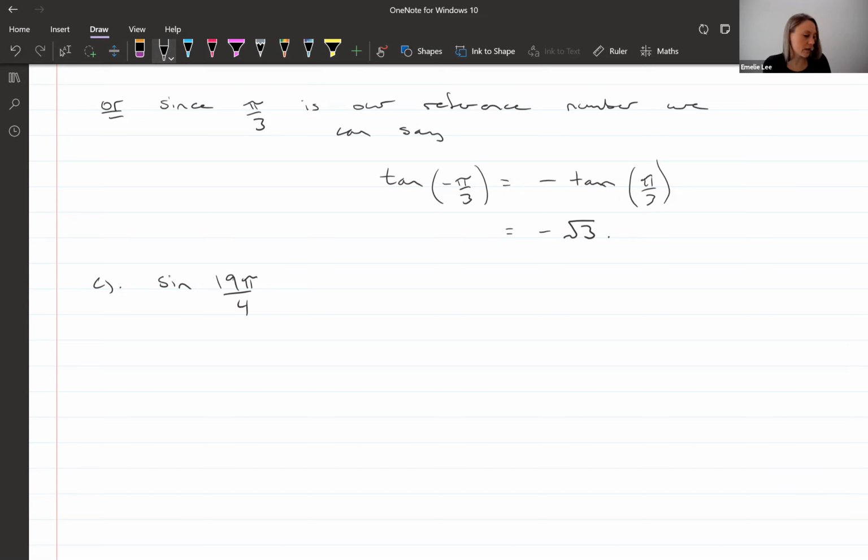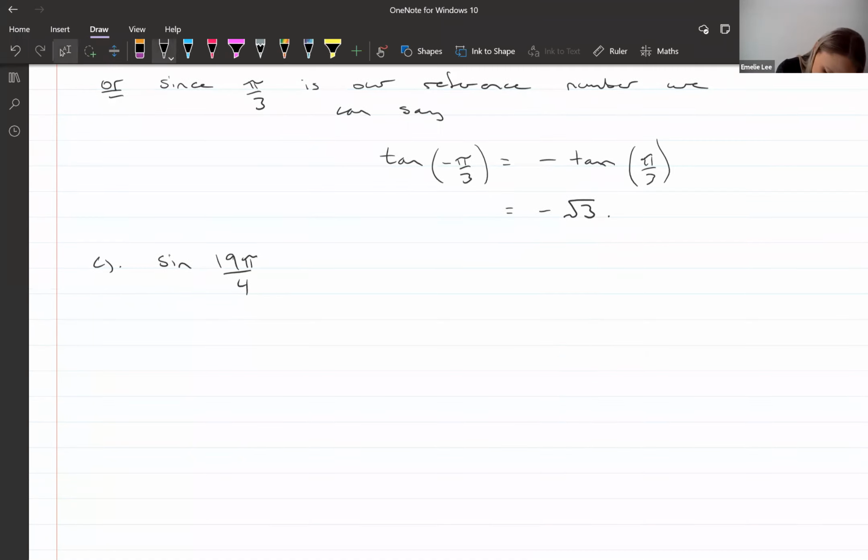19 over 4 is going to give me what? 19 divided by 4, kind of ignoring the pi for a little bit, gives me 4.75. So 4 3/4 pi. So 4 pi plus 3/4 pi, or if you prefer, and I prefer it, I just chip away and take away 2 pi as I go.